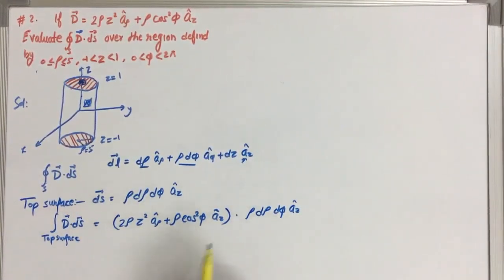Of course it is an area vector, so double integration will be there.